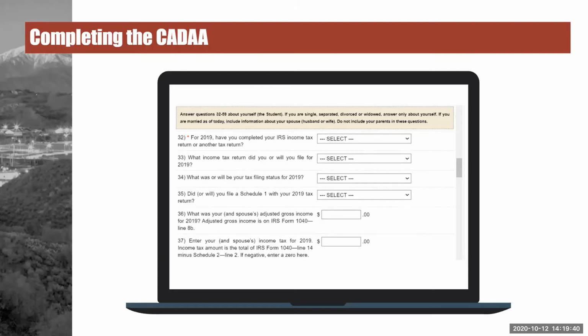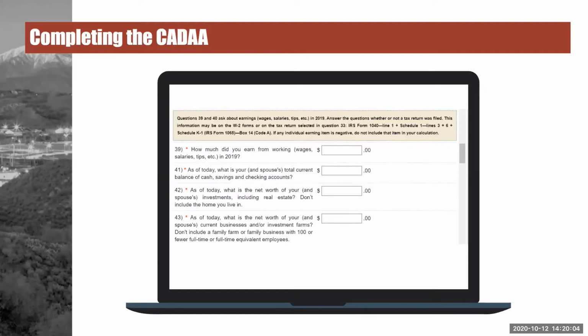Students who did not file taxes and were not required to file taxes will need to report how much they earned from working in 2019, if applicable. If a student did not earn any money during 2019 and is not required to file taxes, they can simply report will not file and report $0 as their income earned from work.